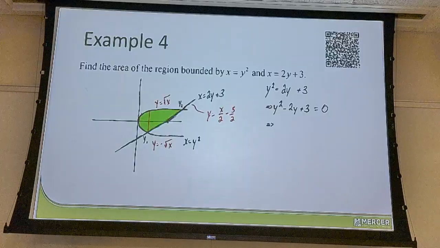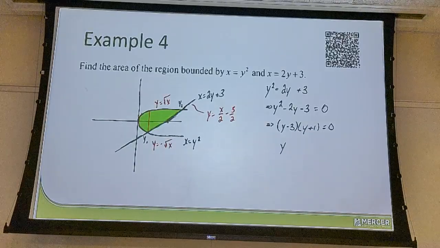No. Oh, it would help if it's minus 3. It would help if I actually did arithmetic, right? Yes. What does it factor to? Y minus 3, y plus 1. What's y1? Negative 1. What's y2? 3.